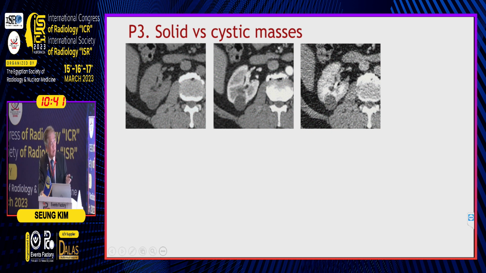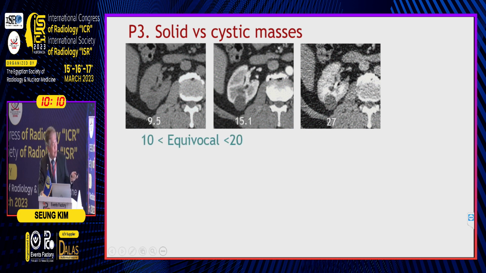Non-enhanced, early phase, late phase, and the mass here. It looks like there is some enhancement with the naked eye, but the naked eye is not always correct, so you need to measure the Hounsfield unit with the machine: 9.5, 15.1, and 27 in these 3 sequential CT images. It is not easy to distinguish true enhancement or so-called pseudo-enhancement.